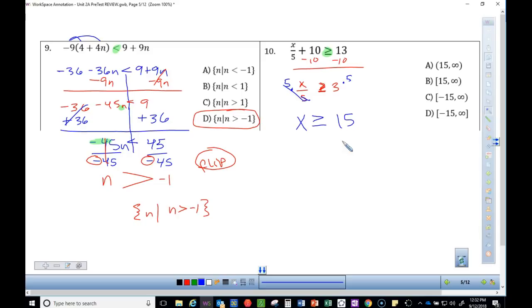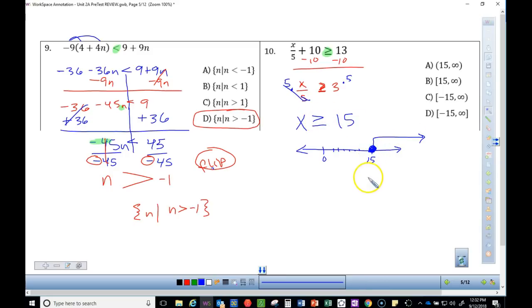If I look at that graph, I always like to look at a graph before I try to pick interval notation. So if this is 0, let's pretend this is 15. Closed circle, and greater than goes this way, the way it's pointing, like an arrow.